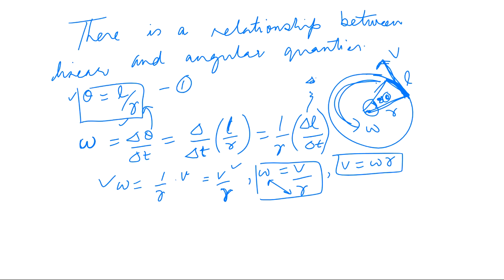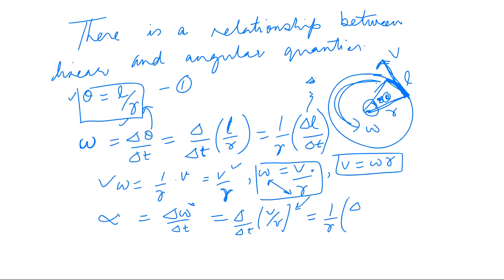You have to remember how we are representing the relationship between linear and radial quantities. We can do the same for acceleration. Angular acceleration is delta omega over delta t. But omega is v by r. If I substitute this formula, instead of writing omega, I can write v by r, and then 1 by r can be taken out. So this becomes delta v over delta t.